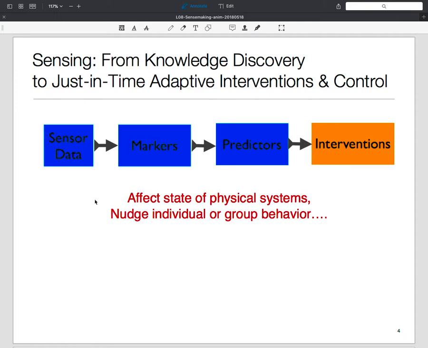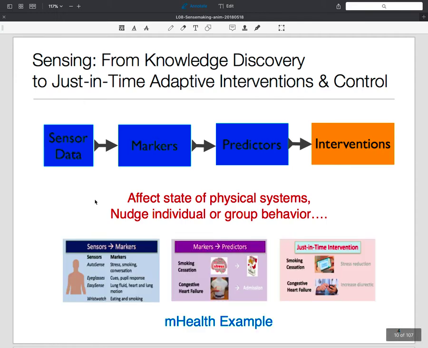You intervene, you control, you basically affect the change, the state of the world. A very common example nowadays is health type things. We wear sensors, based upon models that scientists have learned through research. Then at runtime, we use these models, and we take the decision output of them to control things. So that's how sensing gets used.